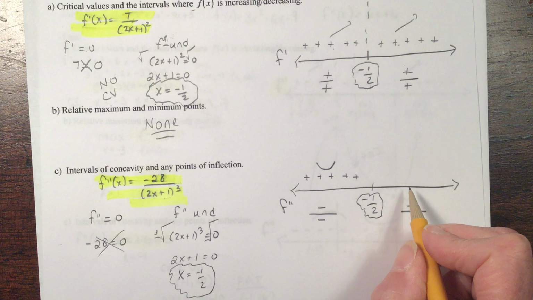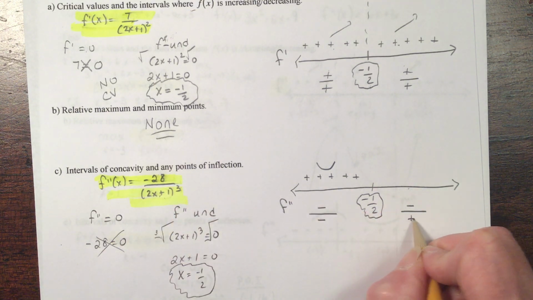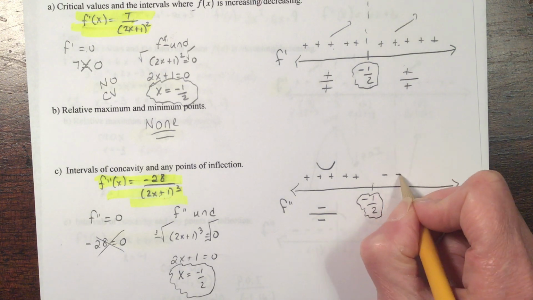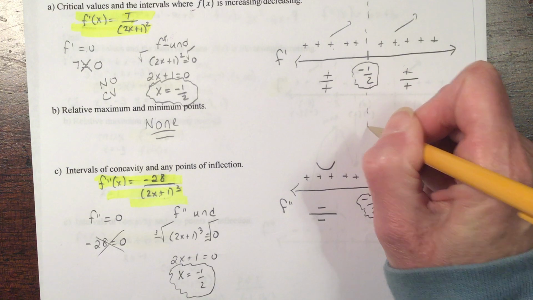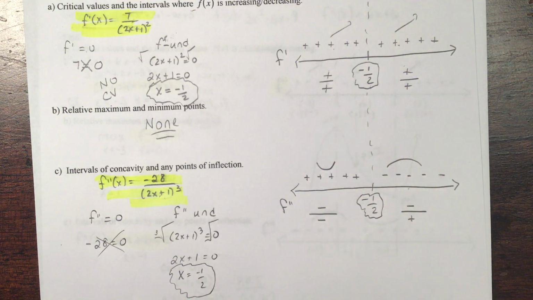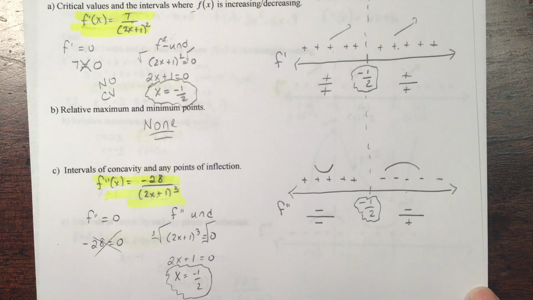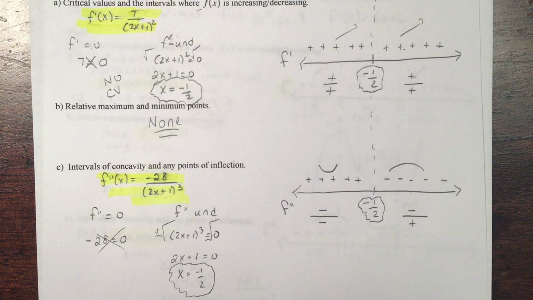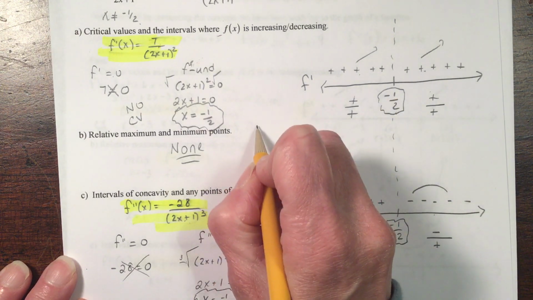Over here, if I take a number that's bigger than -1/2 and I cube a positive value, this section is going to be concave down. And again, remember, here's where the significant behavior changes may occur, right there.